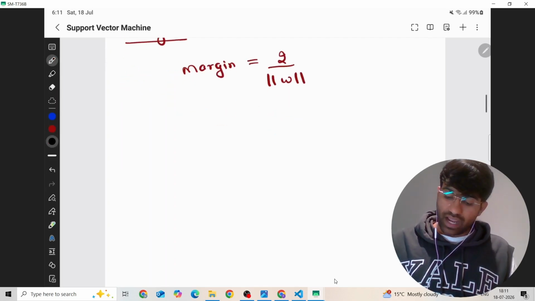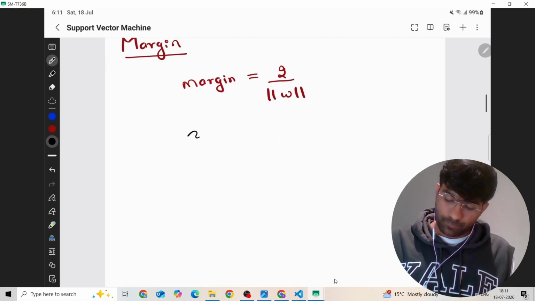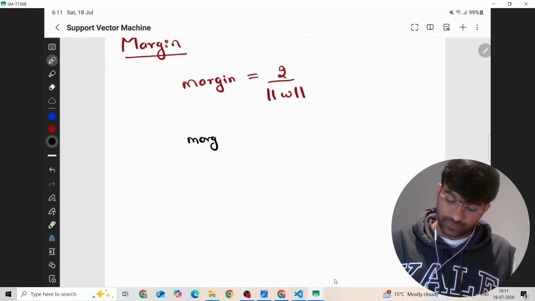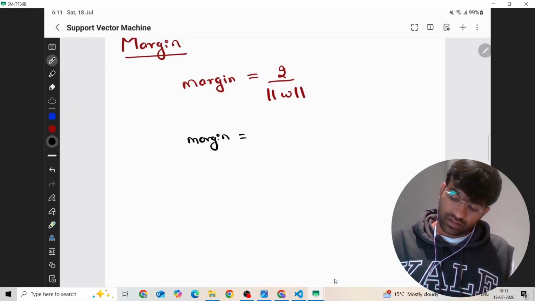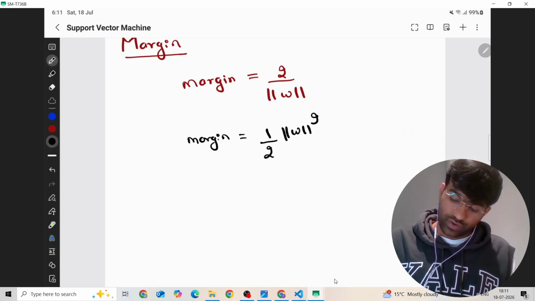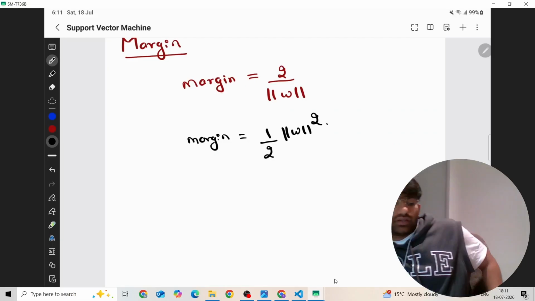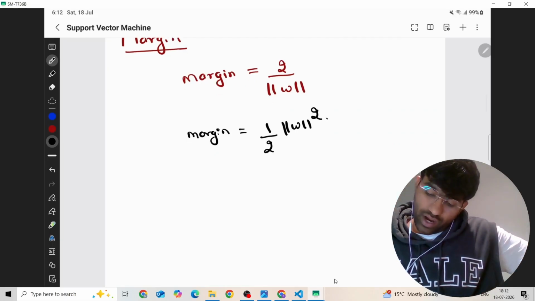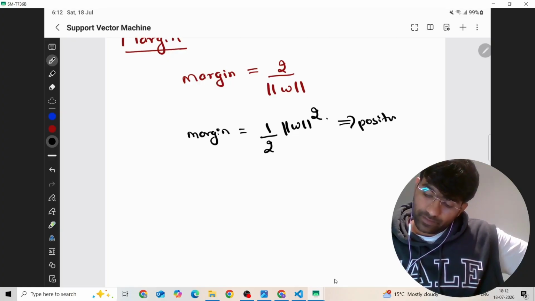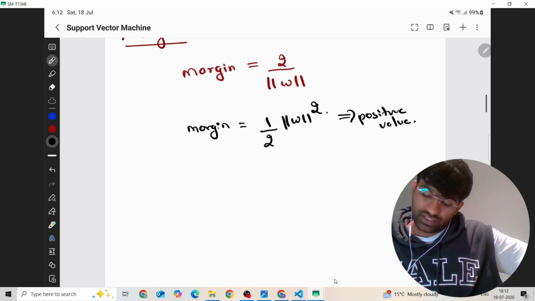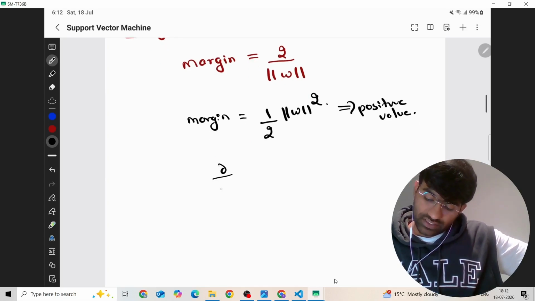But I will rewrite this margin equation. I will inverse it and square it. Why have I squared it? To get the positive value. And why have I inversed it? Because it is easy to derive.